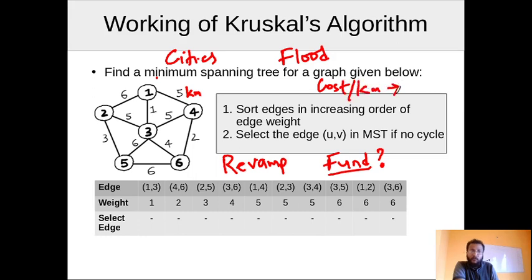So, you would like to interconnect all the cities, but with the minimum length of road. So, that's the idea of finding the minimum spanning tree. Let us say this problem is given to you.